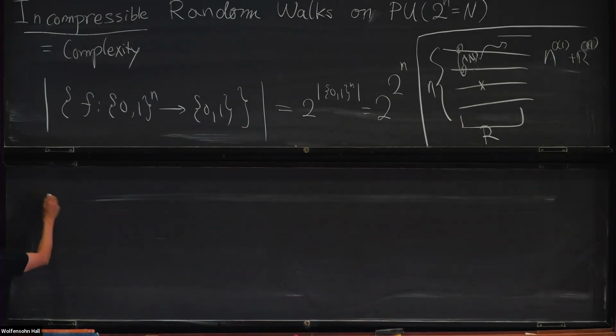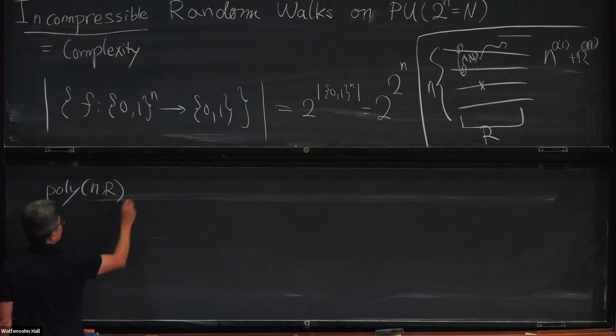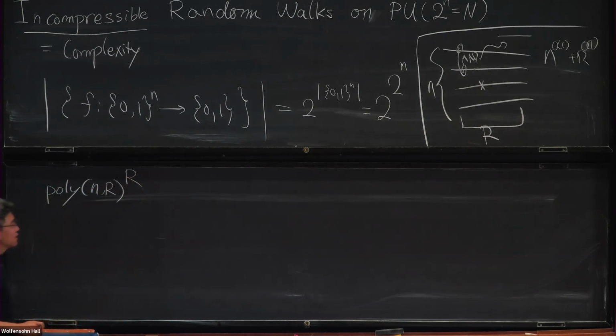So there's some polynomial of n and r. And each time I choose a gate, I don't have to worry about all the others. So overall, there will be a polynomial number in n and r, raised to the power r. That's the number of functions you could possibly express by using r gates.